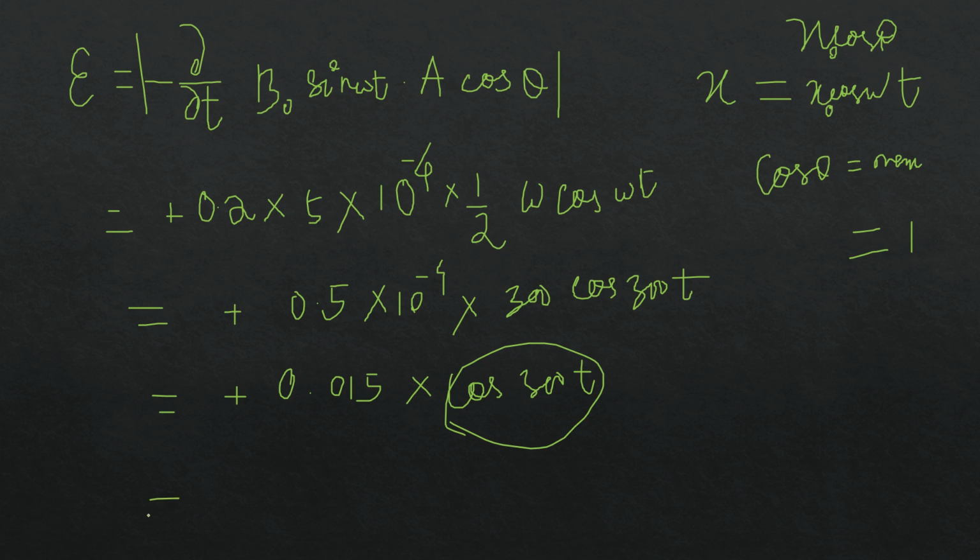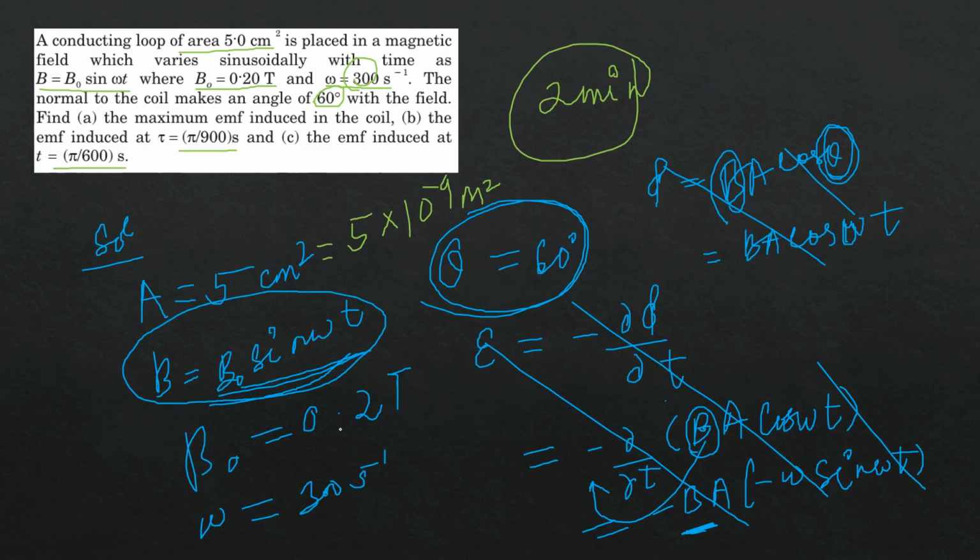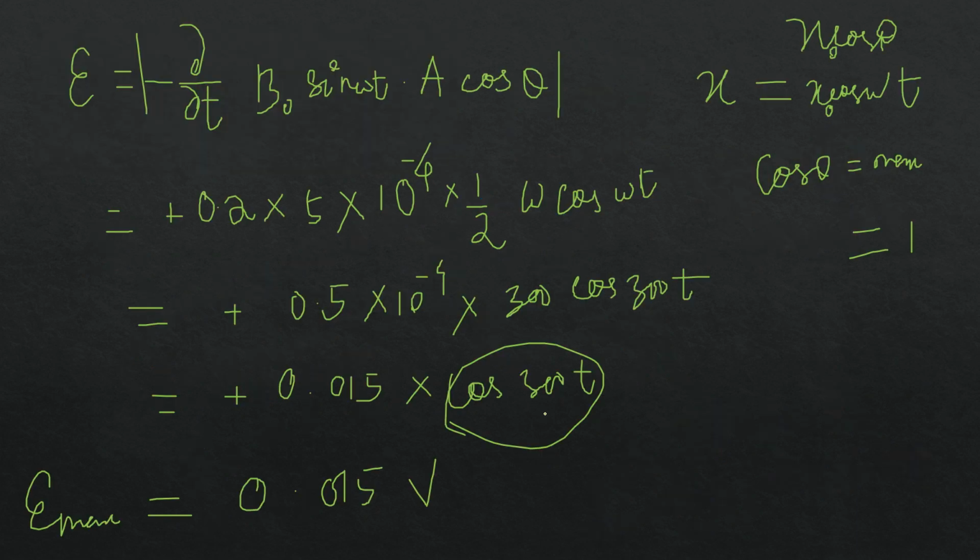So the maximum value of EMF, E max, will be 0.015. What is the unit of EMF? Volt. All right. Now, what is the next bit in this question? This is not tau, this is t. So EMF induced at t is equal to pi by 900.